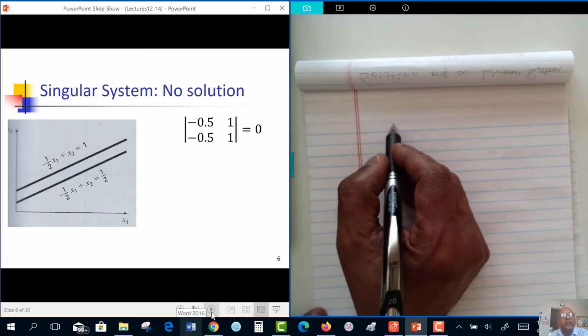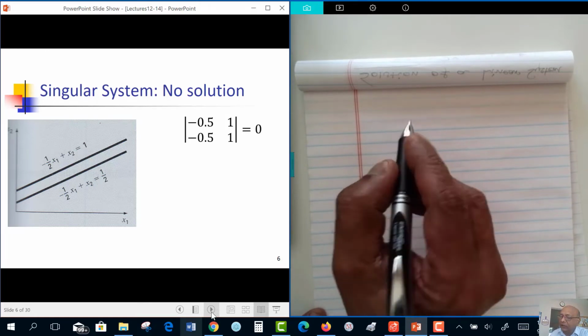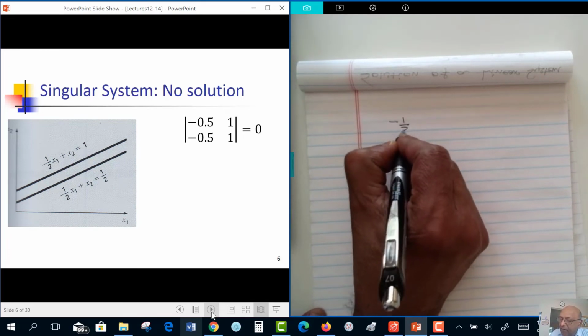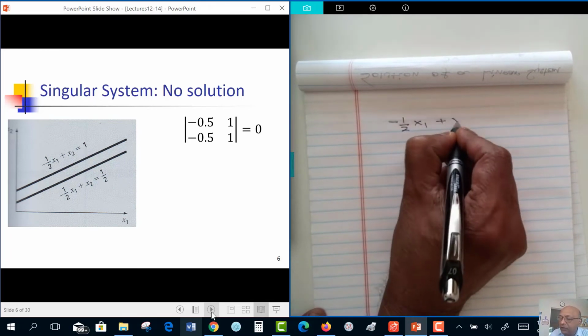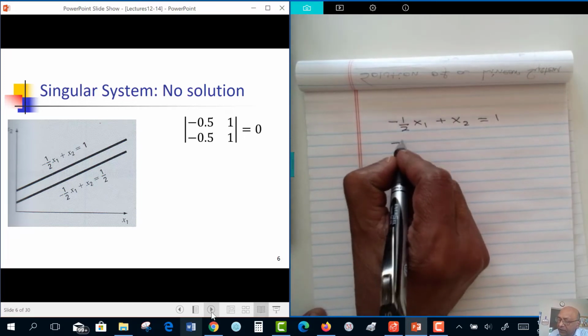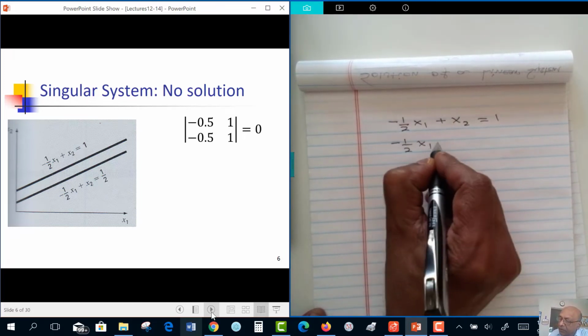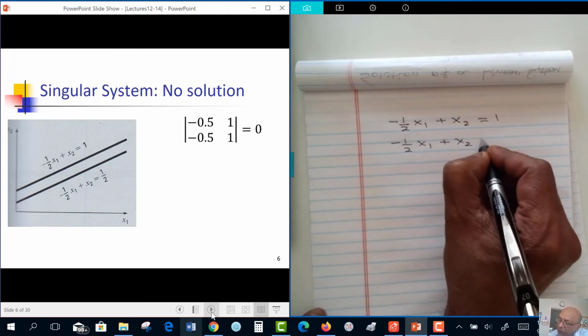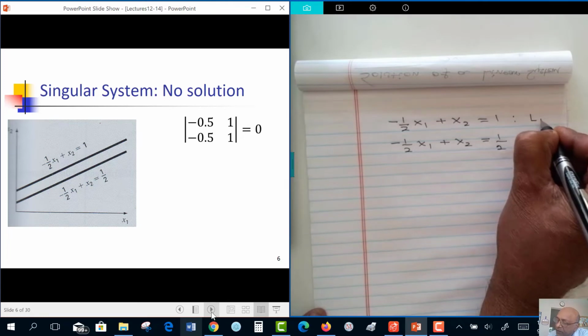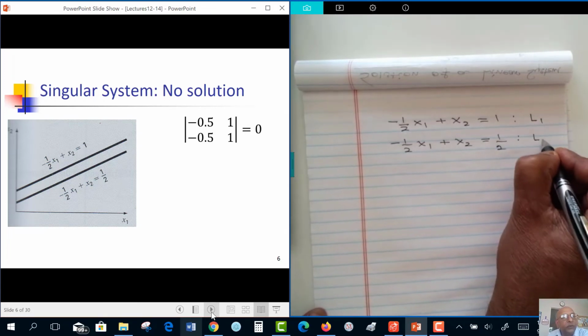Here we have two lines. First line equation is half x1 plus x2 is equal to 1. Other equation is half x1 plus x2 is equal to half. So this is line 1, this is line 2.